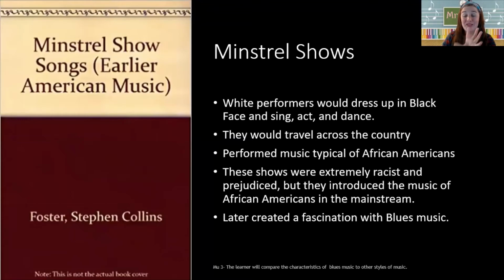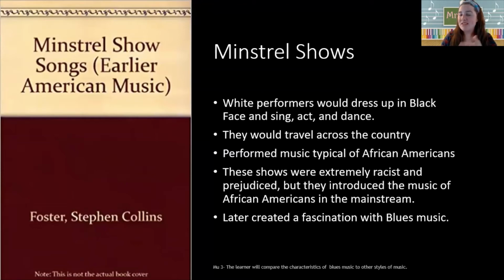There was a lot of stuff happening during this time period that was not the best, and this is one of them, but we have to talk about it because a lot of things came from this, and this is minstrel shows. In a minstrel show, a white performer would dress up in blackface and sing, act, or dance in mimicry of the style of African Americans.